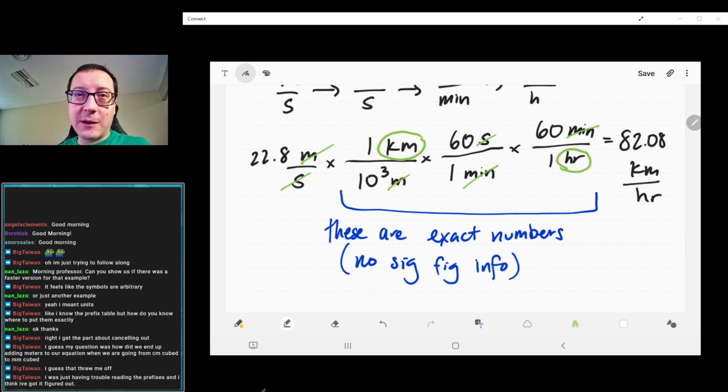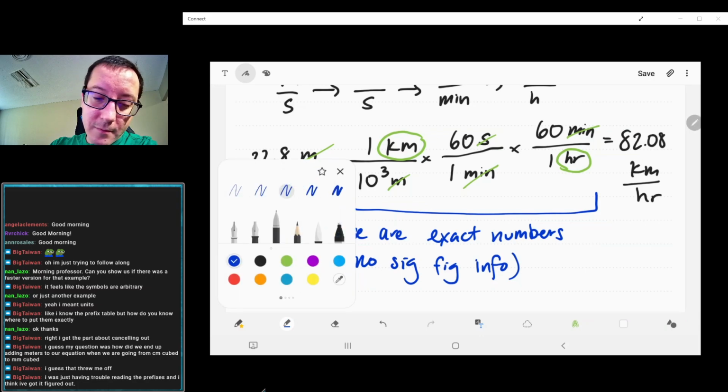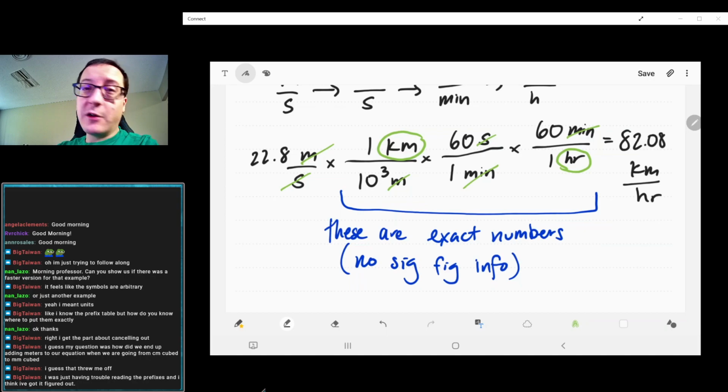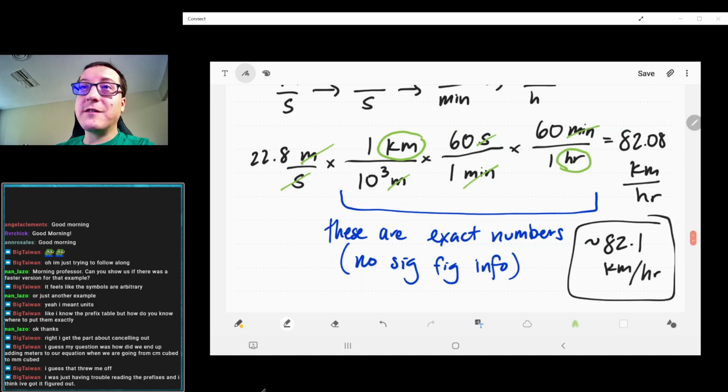We'll discuss exact numbers in just a second, but taking that in mind, just assuming that they're not going to give us any Sig Figs, if we have 3 Sig Figs in our starting number, notice that all we're doing is multiplying and dividing, which tells us that we need to have 3 Sig Figs in our final number. So we should adjust this accordingly to 82.1 kilometers per hour. And then here we go. That would be our final answer there.